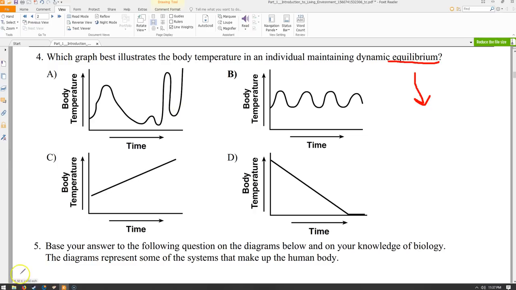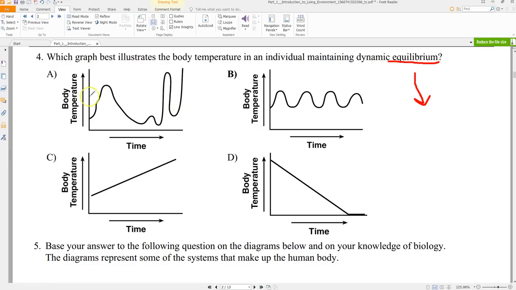So, which of these charts shows a steady, constant motion? Think about your life. You could be good, you could get sick, then you feel better. You can get sick again, then you feel better. You can have a fever, then feel better, etc.